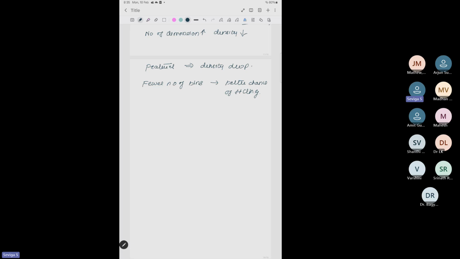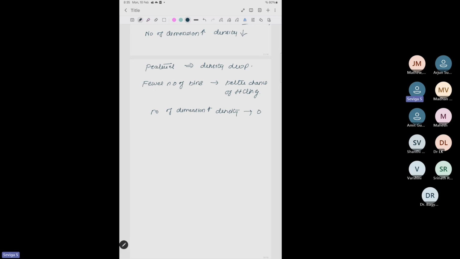But if you have a large number of bins, then it becomes irrelevant. As the number of dimensions goes up, the density will approach 0.